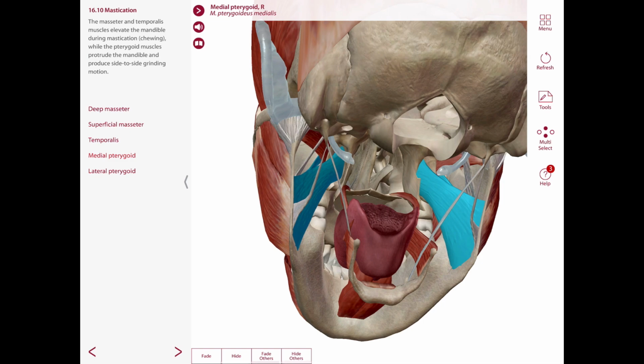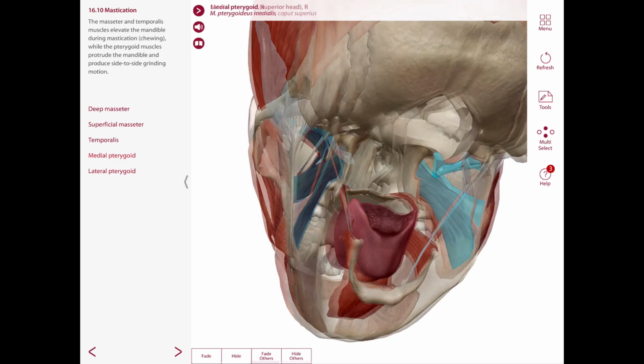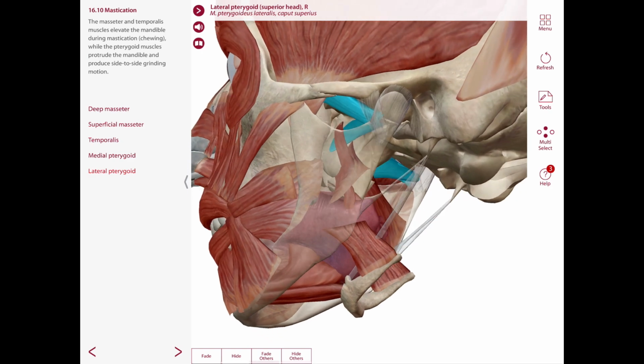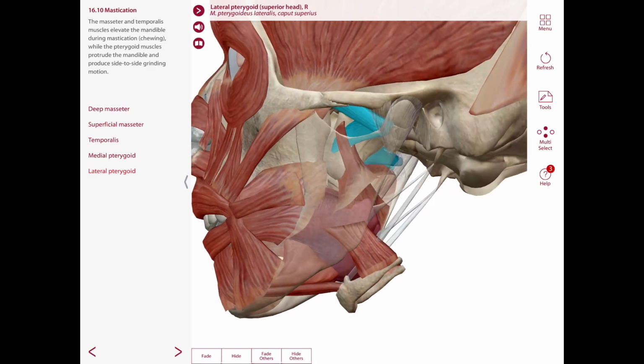As for the lateral pterygoid, the origin is the greater wing of the sphenoid. This is going to be for the superior head. The inferior head is the lateral surface of the lateral pterygoid plate. The insertion is going to be the pterygoid fovea, which is a small depression of the anterior aspect of the neck.